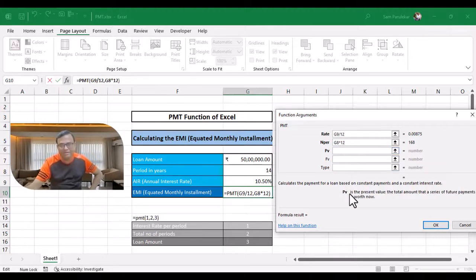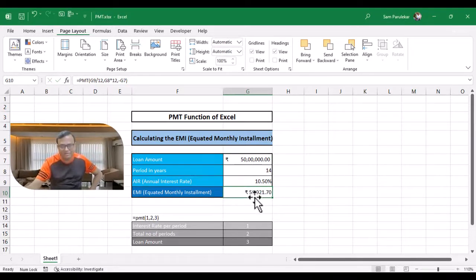And finally, PV is the loan amount. So we begin with a negative and then click on the loan amount. You can see it calculates the PMT or the EMI over here, and when I click on OK, it will substitute the result over here. So this is how you can calculate the EMI.